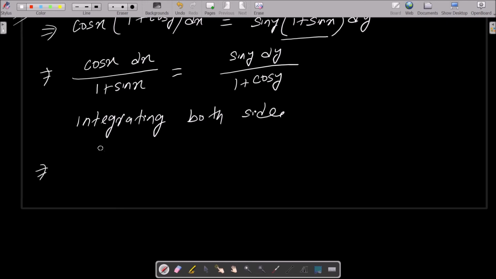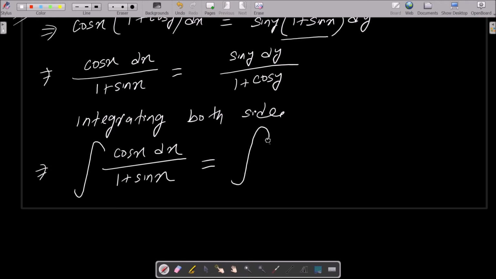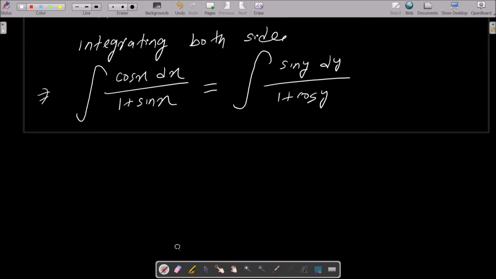So writing the integration symbol, cos x dx divided by 1 plus sin x, equals the integration symbol of sin y dy over 1 plus cos y. The next is you need to assume.